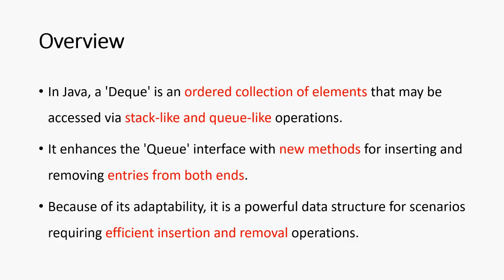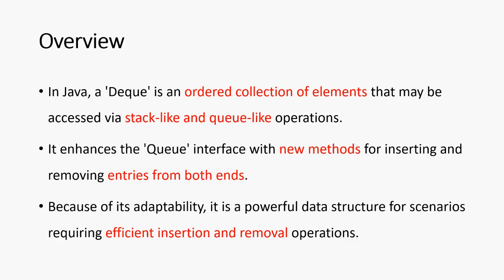When information is added, the new information would be added behind the first one and then behind the second one and so on. So the element that was added first will be popped out or removed first. So we call that first in first out.